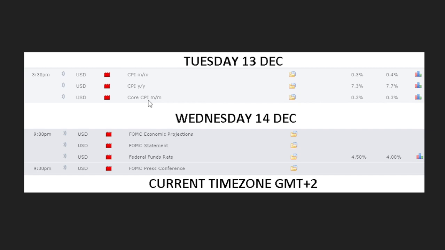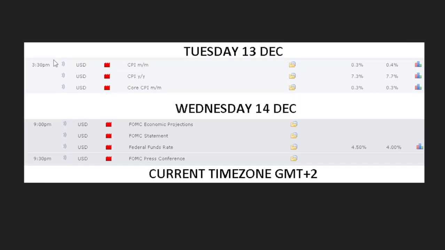We have some good movement and volatility in the market that's going to be happening soon. That's on Tuesday, 13th of December, and the time zone marked on this is GMT+2. Okay, so you need to adjust the time zone to your current time zone.